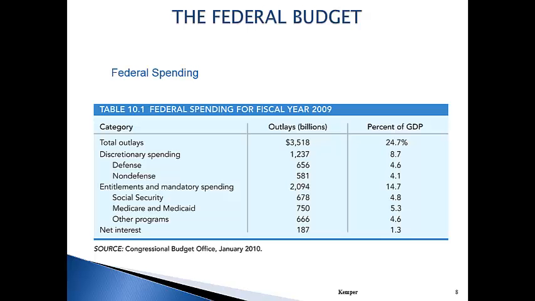So the entitlements and mandatory spending, that's where our social programs come into place. And the reason why those don't get passed every single year is because if you're on Medicare or Medicaid or retirement, you don't want your paycheck essentially, or your help to be at the hands of the government every single year.